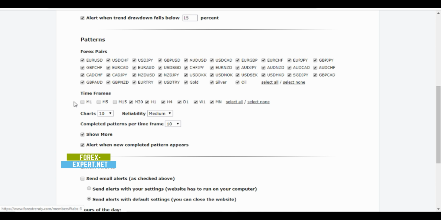And you can select the reliability, operating with a medium reliability. If you go on lowest, you will receive a lot of signals, and if you click on highest, you will receive very few signals, but you will be safer. Even though the word safe doesn't exist in trading, on the Forex market.